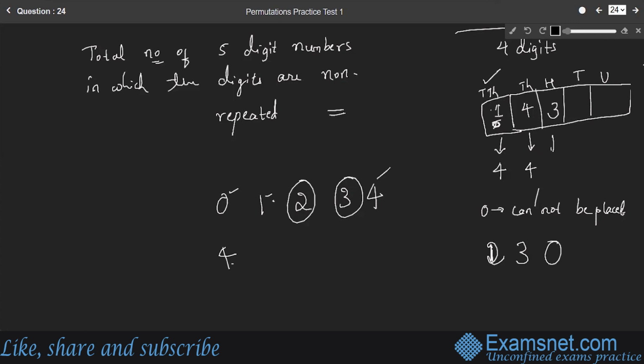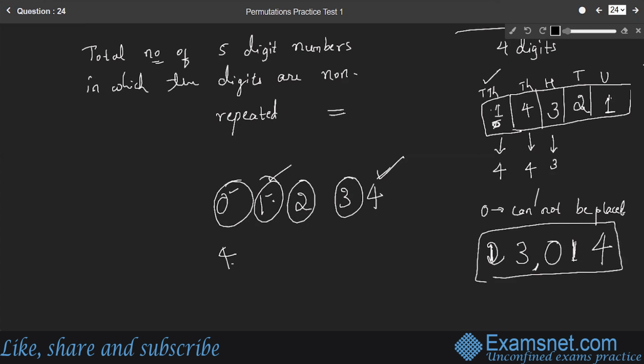How many digits left? 1 and 4. So 2 digits can be placed in tens place. I'll take 1 in tens place. The remaining digit is only 4, so one digit can be placed in unit place, which is 4 here. Therefore, the number becomes 23,014.